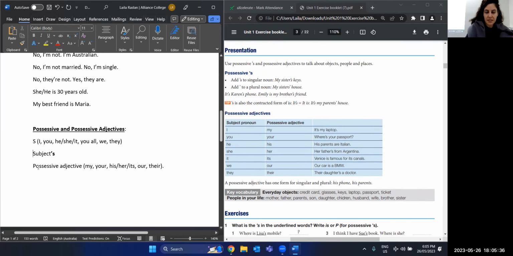So this is called the possessive. So you can see the differences, different ways of talking about the subject. The first one is just the normal subject.